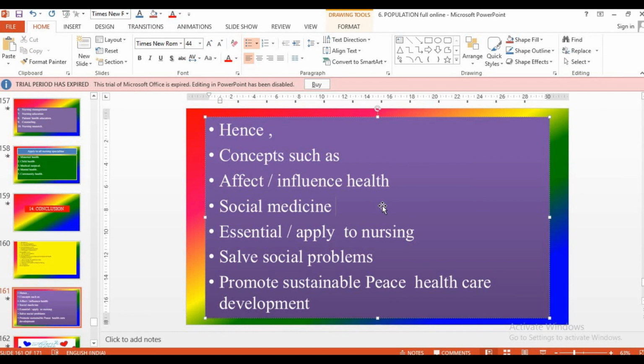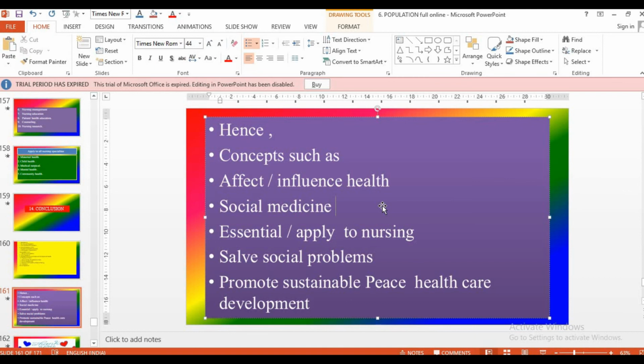Also the population data is used for every medical aspect, including prevention of diseases, promotion of health, mainly diagnosis of the disease, nursing diagnosis, medical diagnosis, mainly treatment.